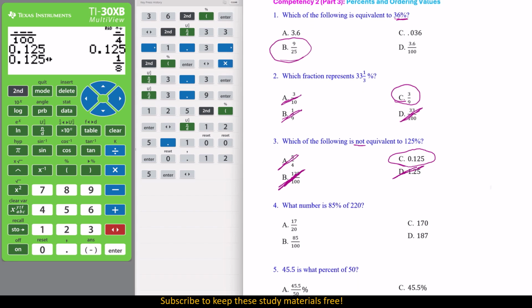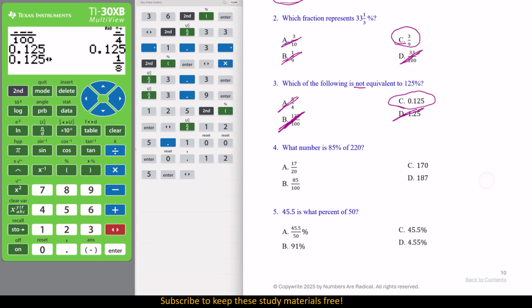Okay, let's look at number 5. What number is 85% of 220? We literally just type this in, and where it says of, that's multiplication.